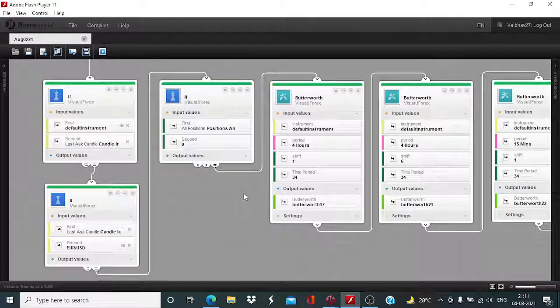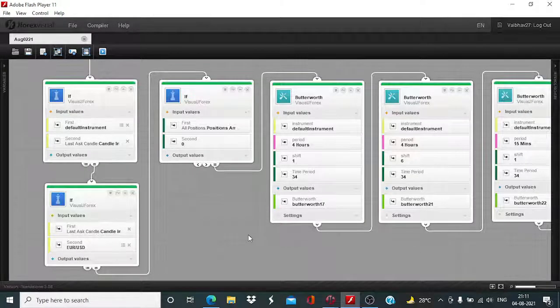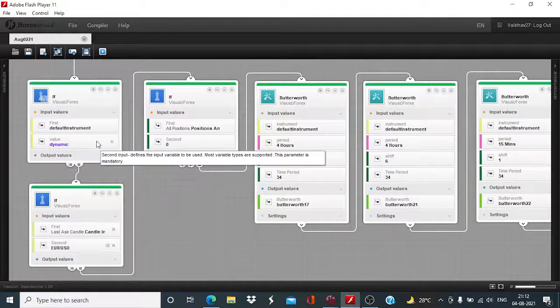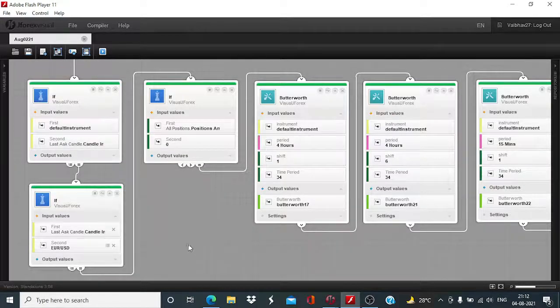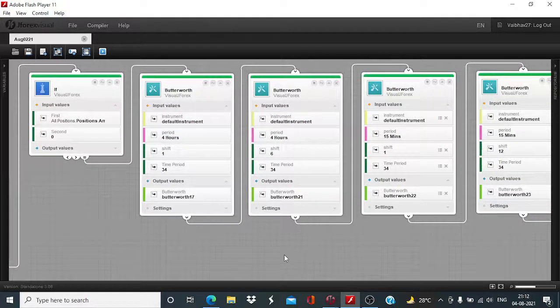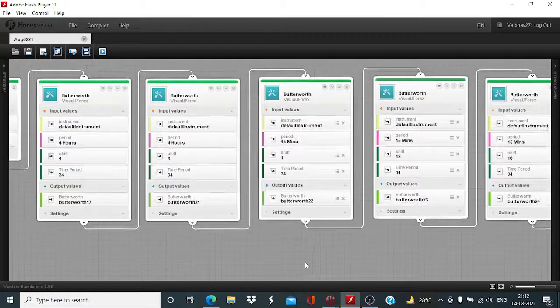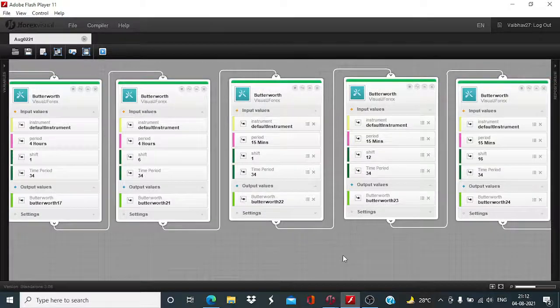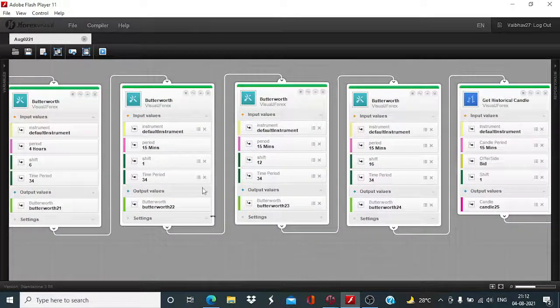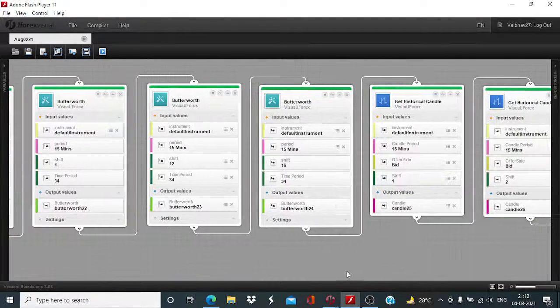In the last two sessions, the development so far includes the instrument subscription where the default instrument is EURUSD. Afterwards, the position amount was defined at 0. I have included these Butterworth indicator blocks with varying candle periods. First two are of 4 hours each, and these three are of 15 minutes each.